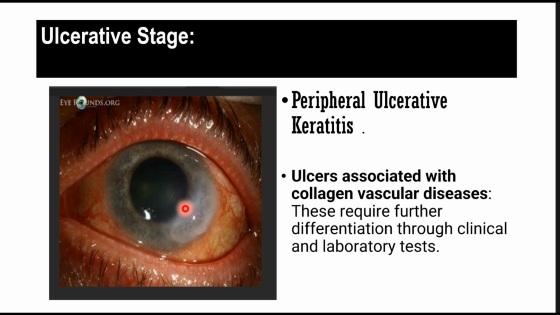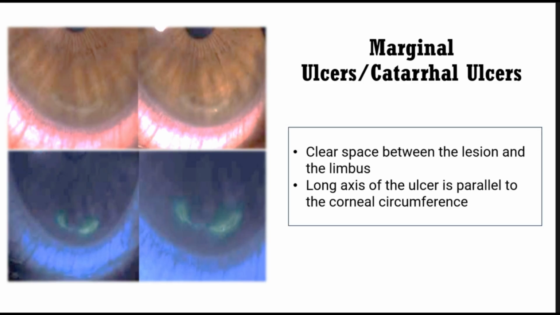They can progress really fast, and they are associated with collagen vascular disorders like rheumatoid arthritis, SLE, and polyarteritis nodosa. Okay, so they are located in the periphery. They have a characteristic crescent shaped stromal thinning, and they can undergo perforation really fast. Okay, so that is one differential.